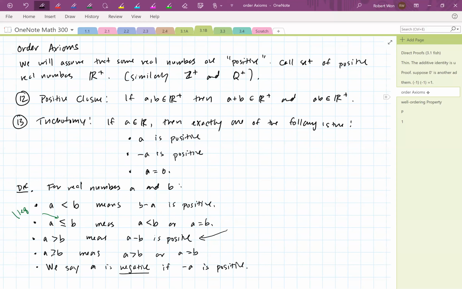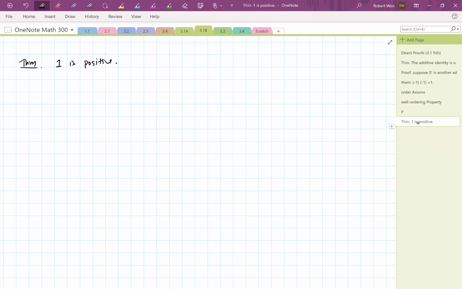Let's prove it. So this is going to use a new technique, which is called proof by contradiction. Okay, so in order to prove a theorem, you assume the theorem is false, and then you deduce a contradiction.